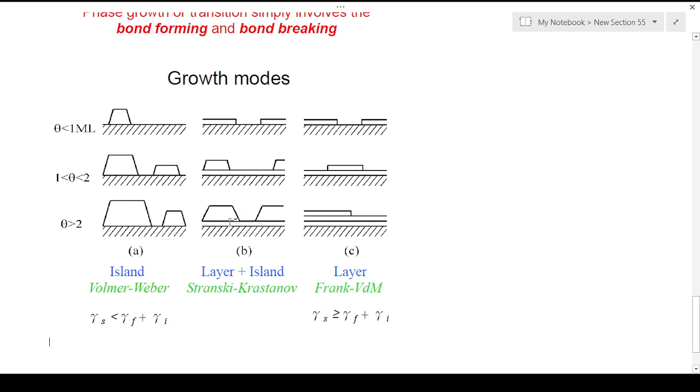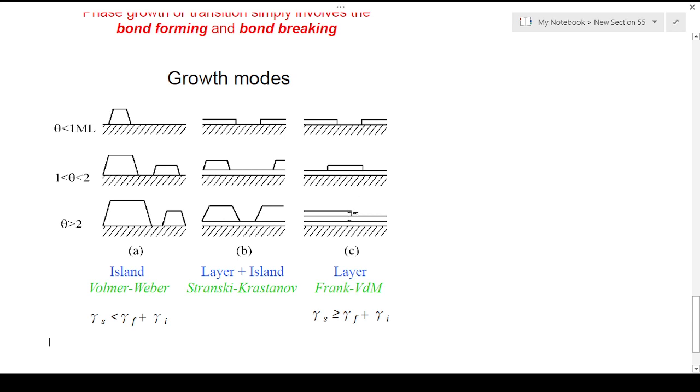So there is first a layer formation, and further there is a formation of islands. This layer plus island growth mode, if the thin film grows like that, we call the Stranski-Krastanov growth mode.